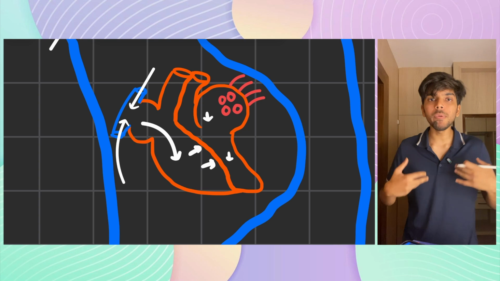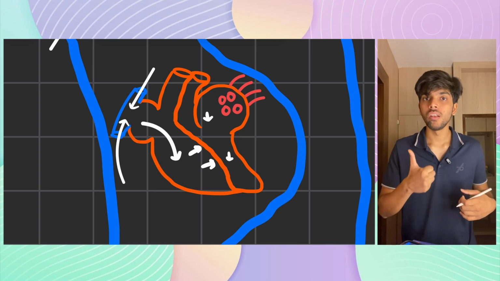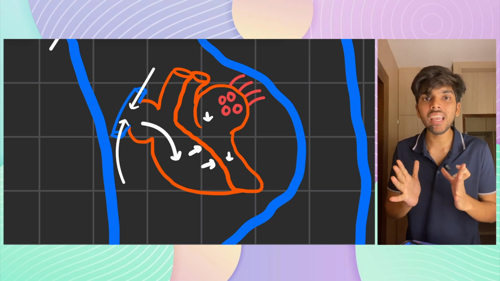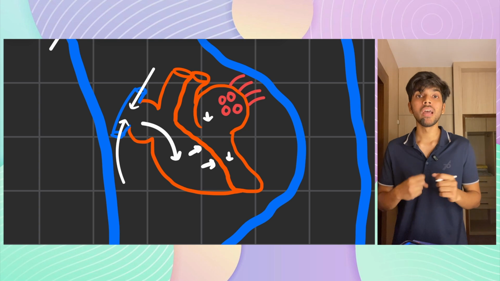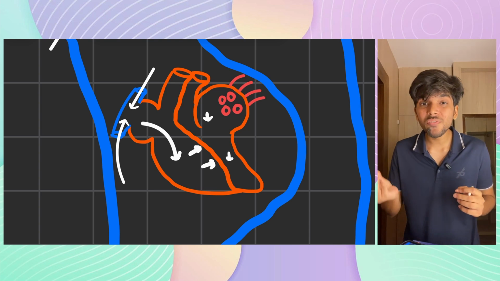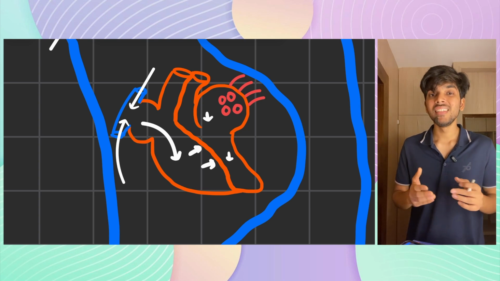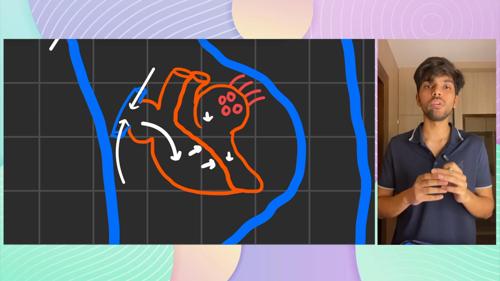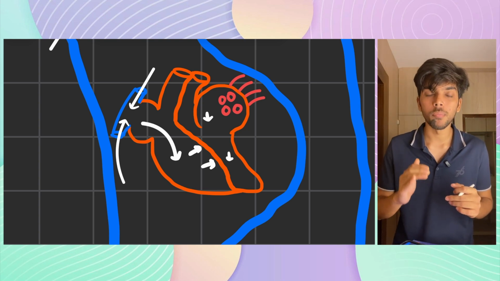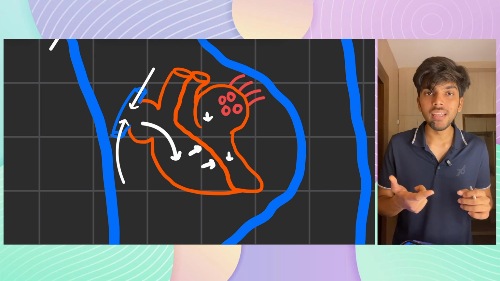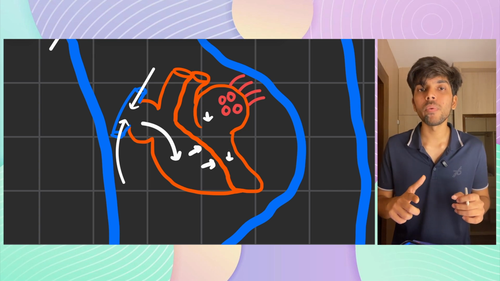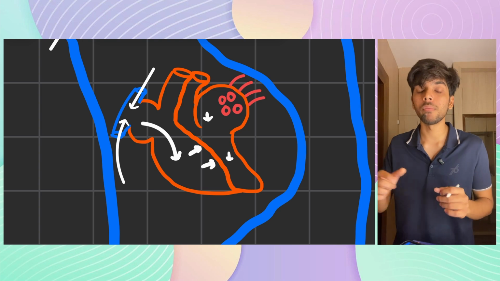So during inspiration, two things are happening. Number one, there is a decrease in the cavity size of the left ventricle. And number two, there is less filling of the left ventricle with blood. As a result, there is decreased cardiac output and a decrease in systolic blood pressure. Normally, the decrease in systolic blood pressure is by less than 10 mm of Hg.